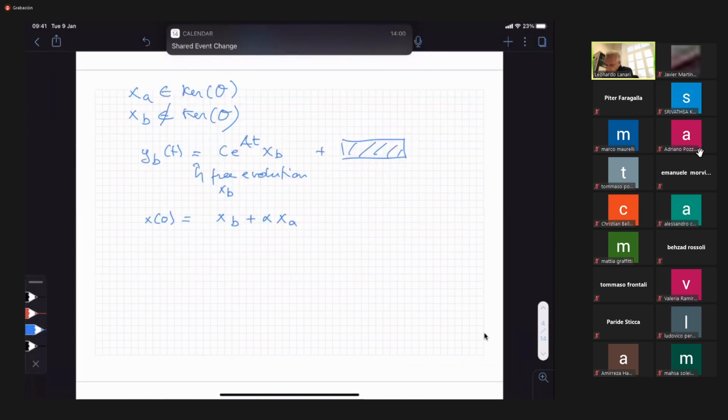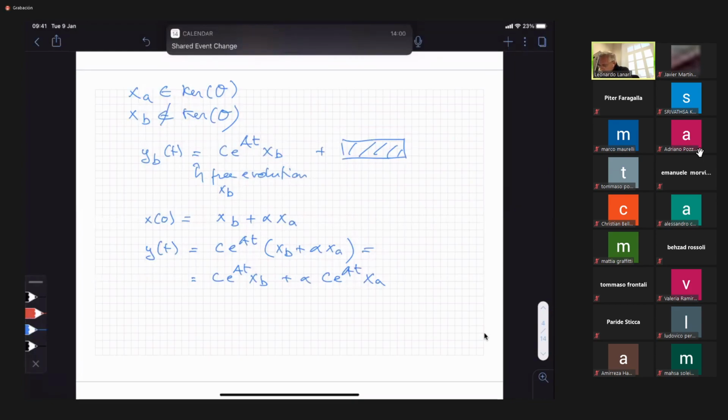So we would have y of t equals C e to the AT (XB plus alpha XA). But since XA belongs to the kernel of the observability matrix, we would have C e to the AT XB plus alpha C e to the AT XA.